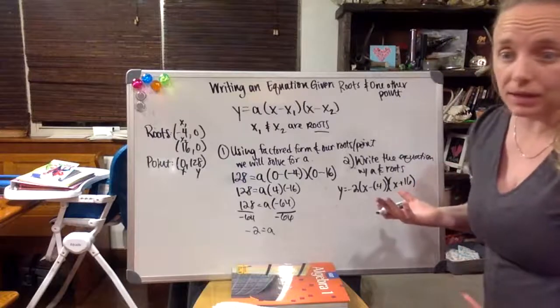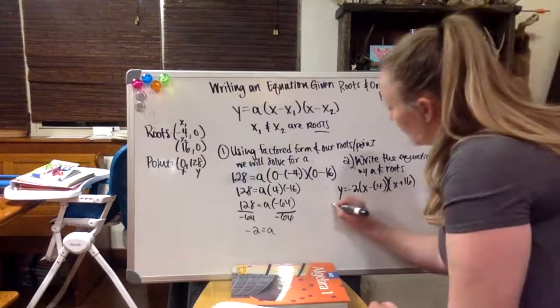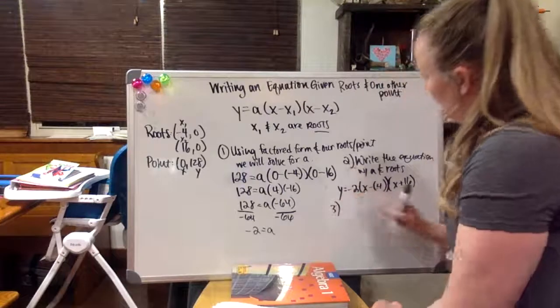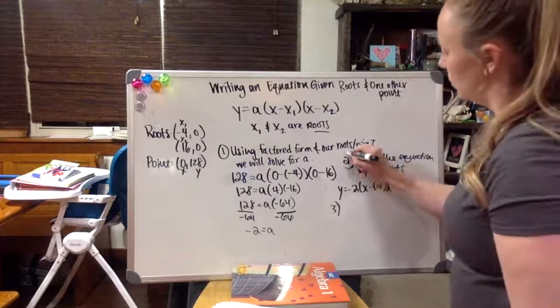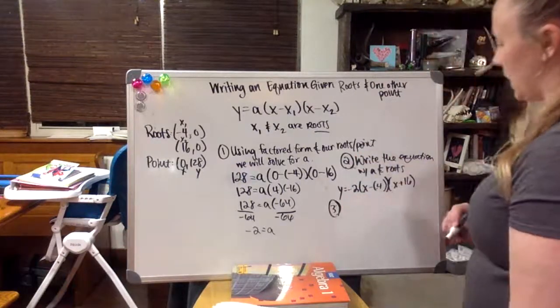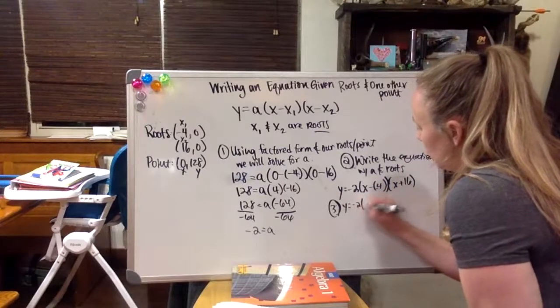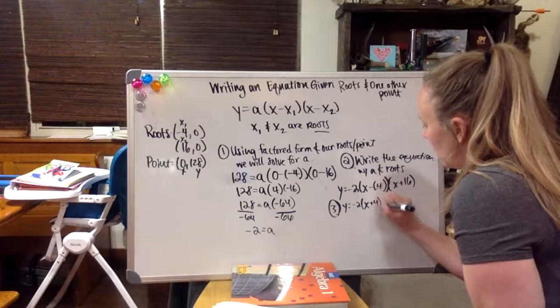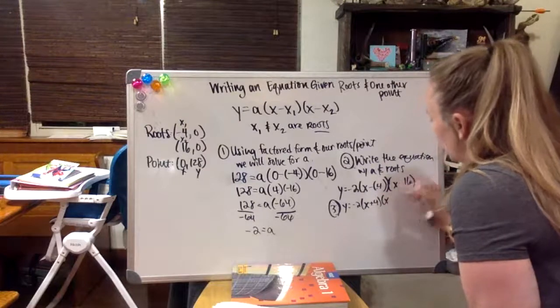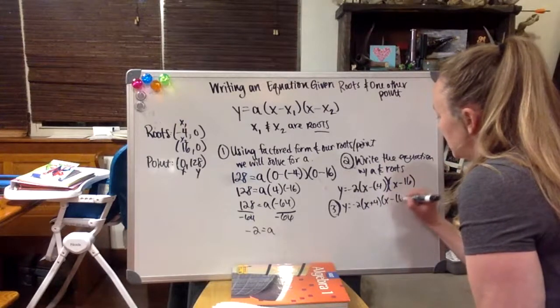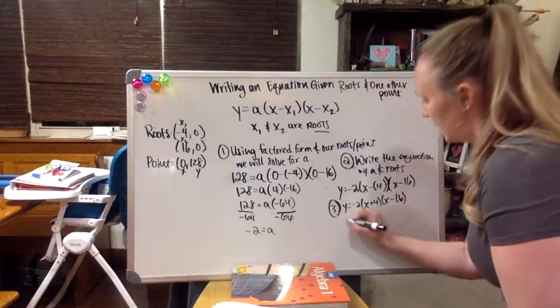And now let's simplify it to standard form, because that's just an awkward way to write an equation. So we get y equals -2 times (x plus 4) times (x minus 16). I'm going to FOIL this.